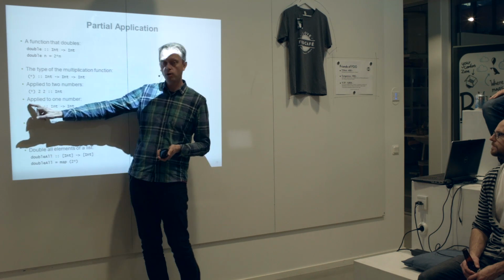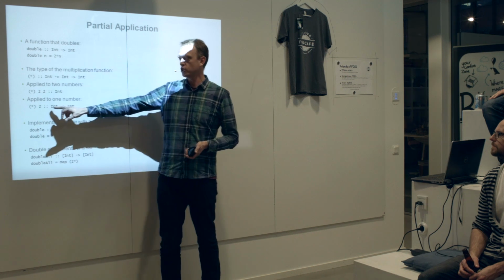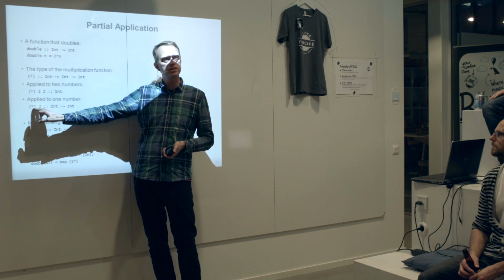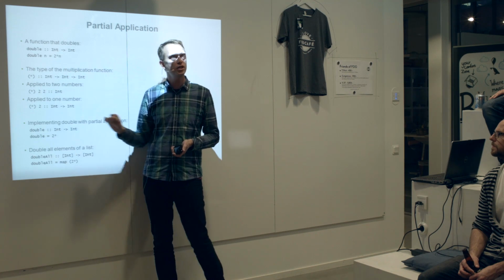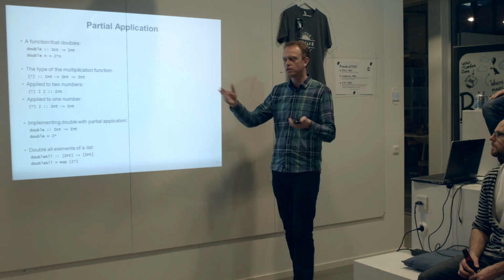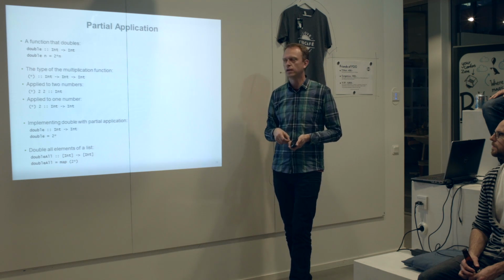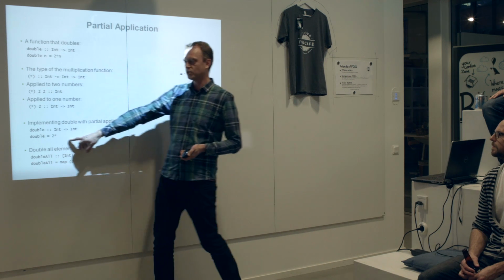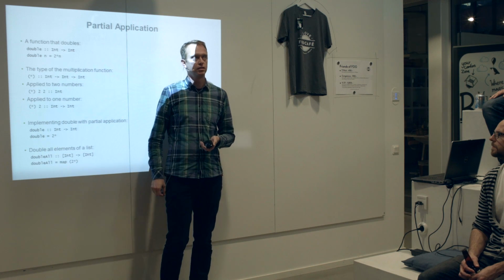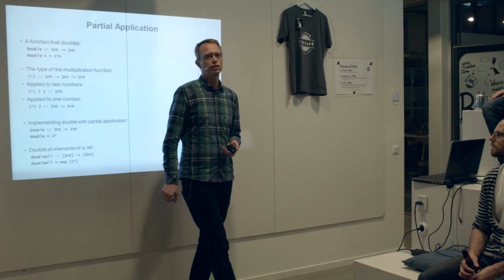But if I provided just one value, then what I end up with is a function that doubles, because I've already provided one value, but not the second. So I get this new function here. This is really nice, because it removes a lot of the need to write lambda expressions all the time. You can just provide one of the values. So now I can implement my double function like this: double is simply 2 times. I don't have to give any reference to this first value here.